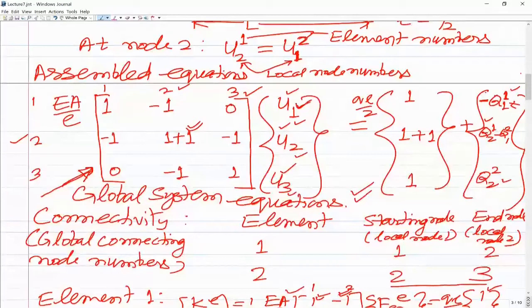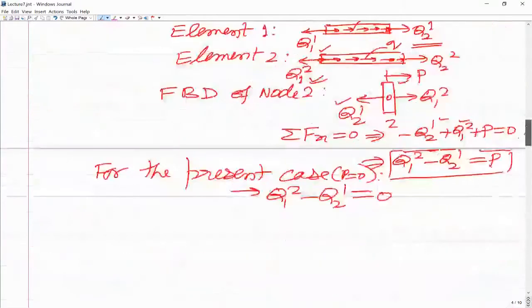Once we put q22 equal to 0, q21 minus q12 equal to 0 and u1 equal to 0, the unknowns are basically u2, u3 and q11. These are three unknowns, and we can solve these three equations for these three unknowns. So that is how we solve this problem.